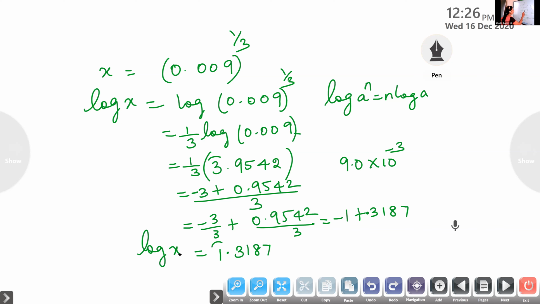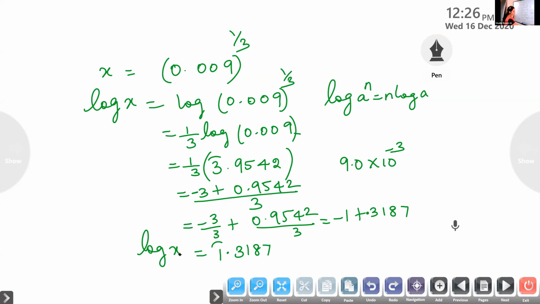The log of 9 gives 9542, so it is minus 3 plus 0.9542 by 3. We separate it: minus 3 by 3 plus 0.9542 by 3. Simplifying, we get minus 1 plus 0.3187. Minus 1 means 1 bar. So this is log x.